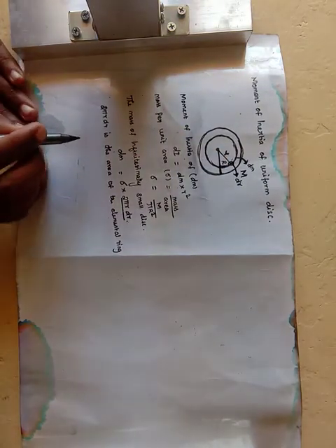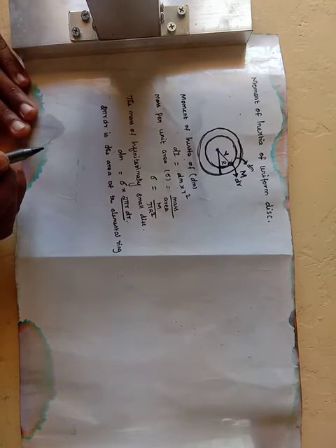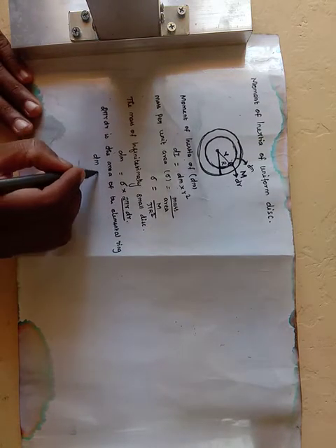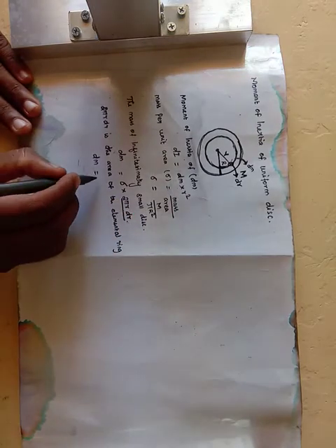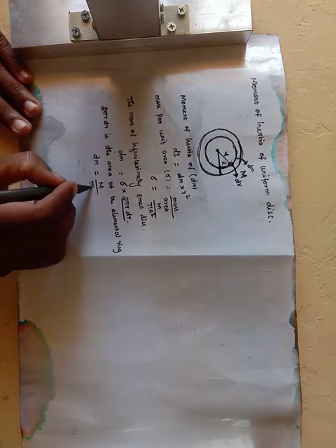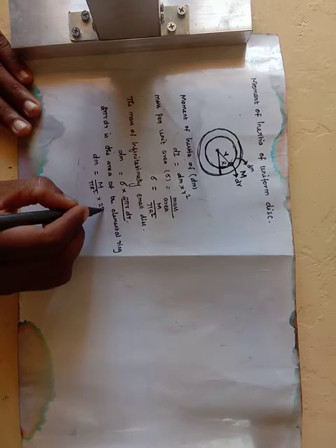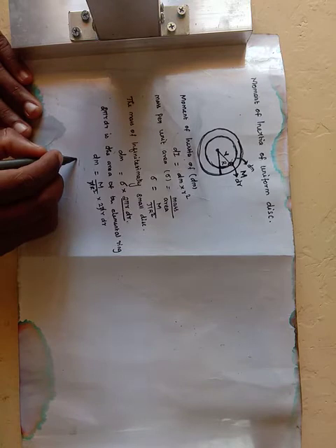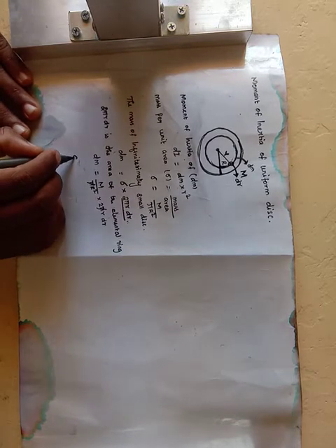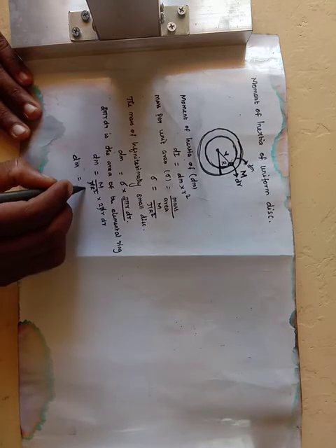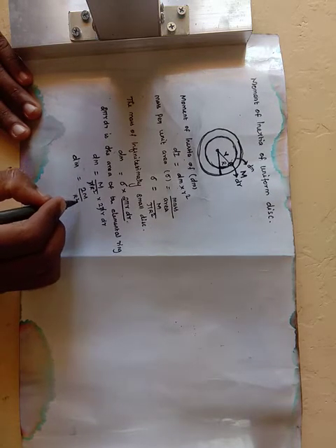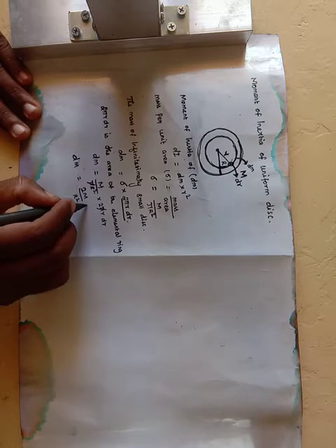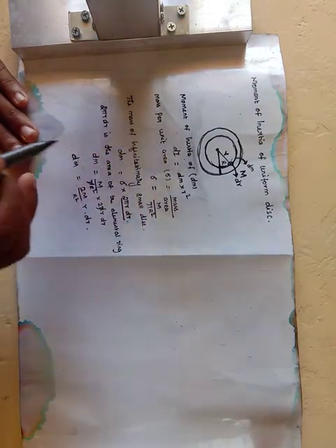Okay students, next from the equation we know that sigma is equal to M divided by pi R square. Substituting in this equation, M divided by pi R square into 2 pi r dr. Pi cancelled. So we can write dm is equal to 2M divided by R square, that is r into dr. From dm we can calculate dI.